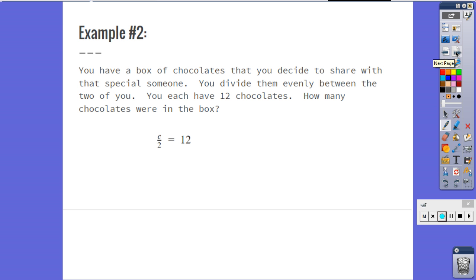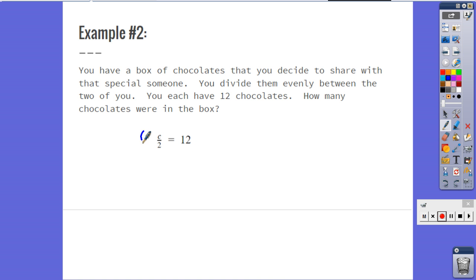Another example here. You have a box of chocolates that you decide to share with that special someone. You divide them evenly between the 2 of you. You each have 12 chocolates. How many chocolates were in the box? So now you've got the number of pieces of candy, which we don't know, divided by you and that special someone, so 2 of you, equals 12 pieces that each of you got.